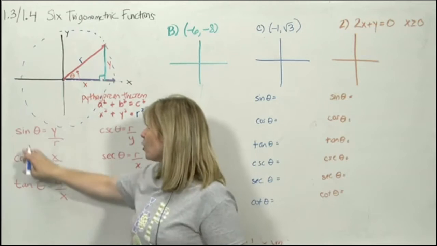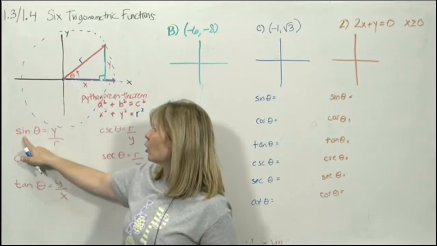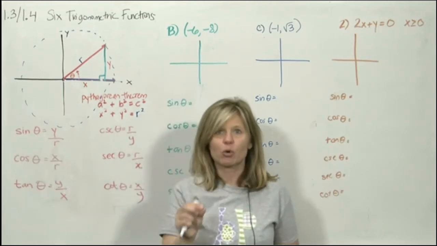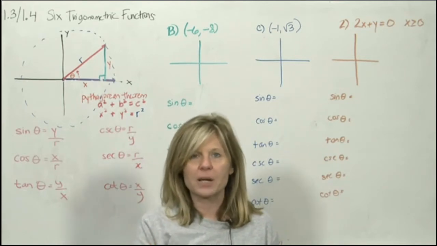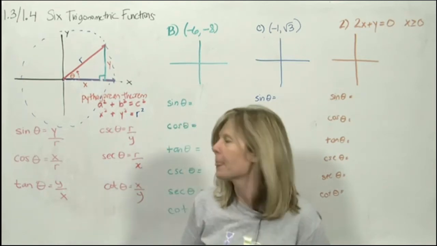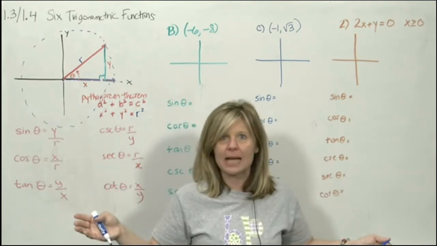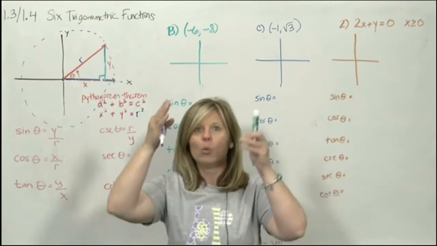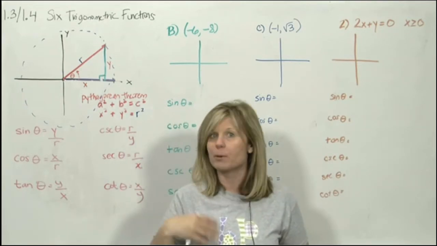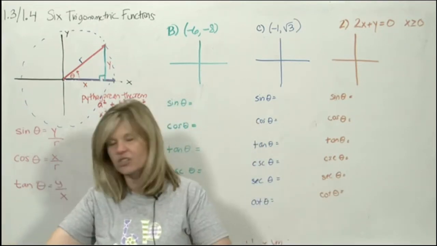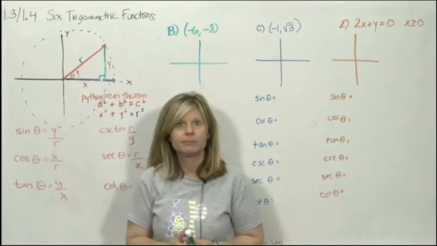The reason why I know this is a trig word is because behind the word sine is theta. The trig words will always be accompanied with an angle measurement. So this theta's got to be there. I have to write S-I-N with an angle behind it, whether it's an actual number, 30 degrees, 45 degrees, 60 degrees, or I put theta.